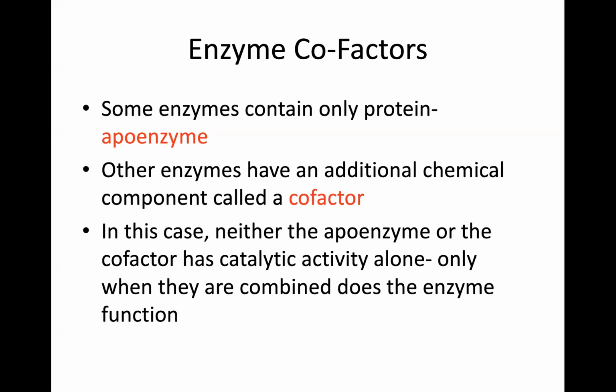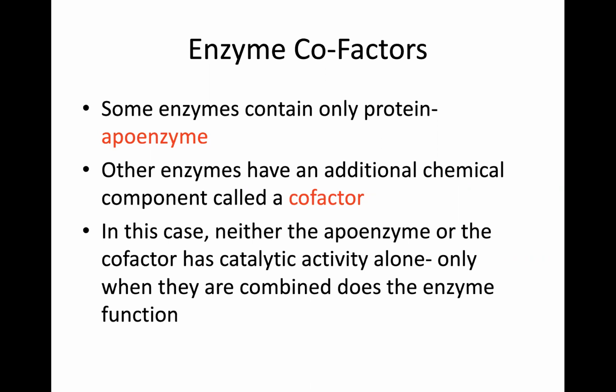However, some enzymes require additional chemical components, kind of like a partner, and we call those cofactors. If said enzyme requires a cofactor in order to be active, it's not going to have any enzymatic activity without that cofactor.